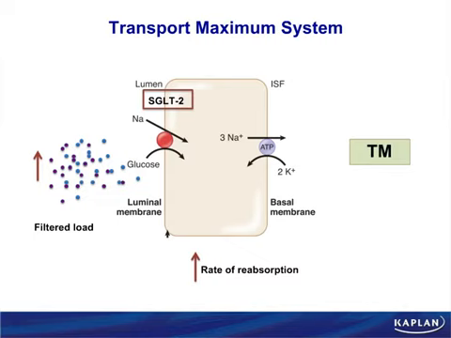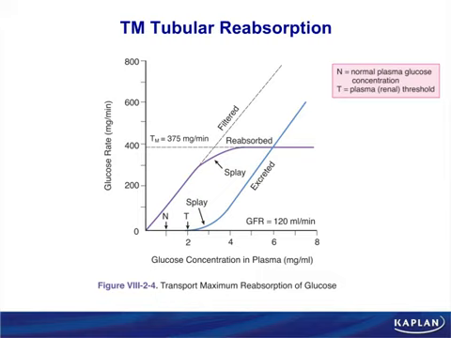So, again, transport maximum is a constant rate of reabsorption of glucose. This occurs once the SGLT2 channels become saturated.